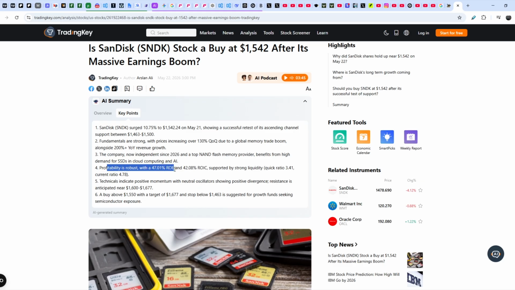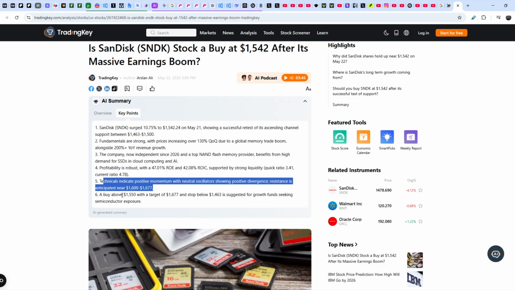Profitability is robust, with 47% of ROE and 42% of ROIC, supported by strong liquidity, quick ratio of 3.41 and current ratio of 4.78. Technicals indicate a positive momentum, with neutral oscillators showing positive divergence. Resistance is anticipated near $1,600 to $1,677.